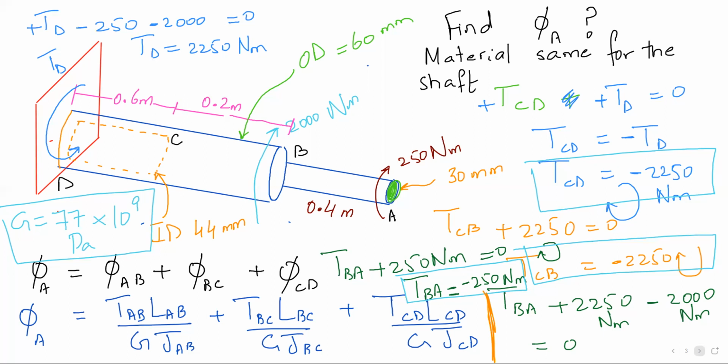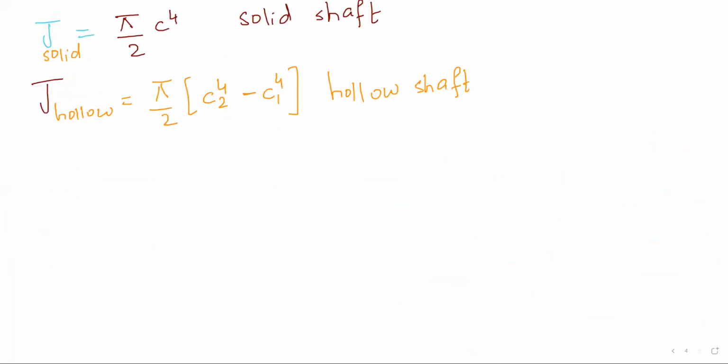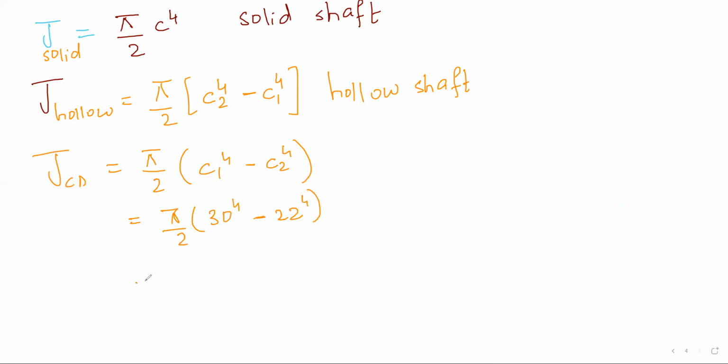Yes, of course. So JCD comes out to be pi by 2 into C1 power 4 minus C2 power 4, which is equal to pi by 2 into 30 power 4 minus 22 power 4, which is equal to 9.04. Then given in millimeters, so aren't you taking millimeter to meter? Yeah, I have to convert it.